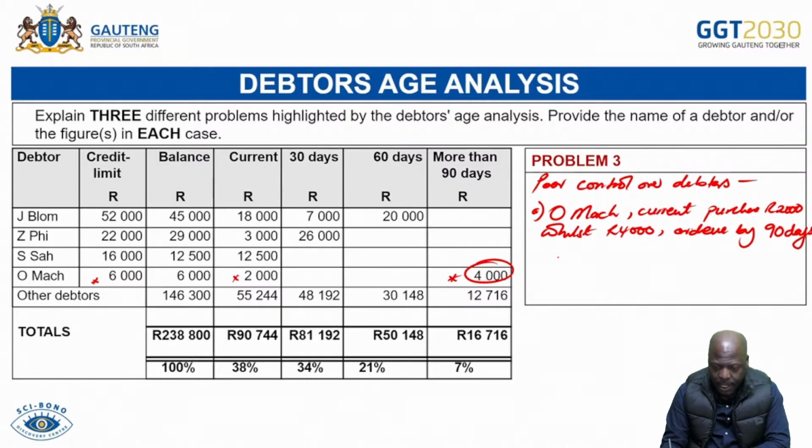And then let's look at another one. Let's look at J Bloom. What is the problem with J Bloom?